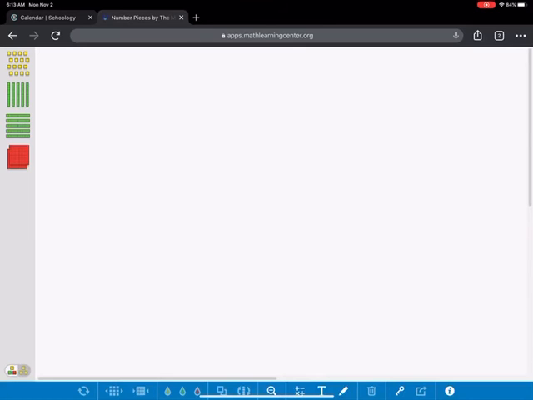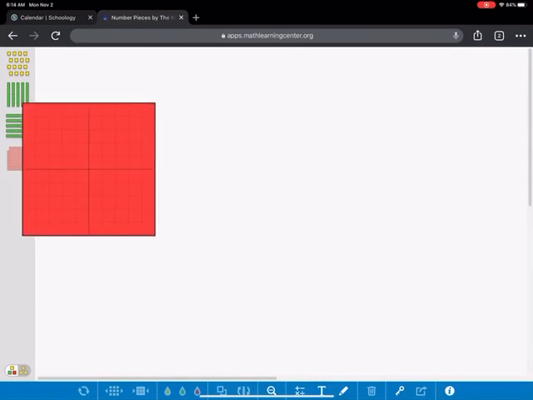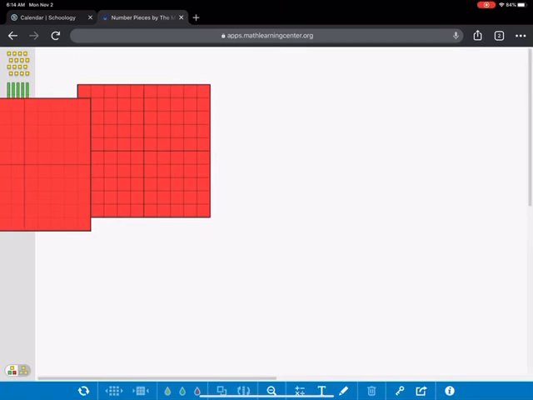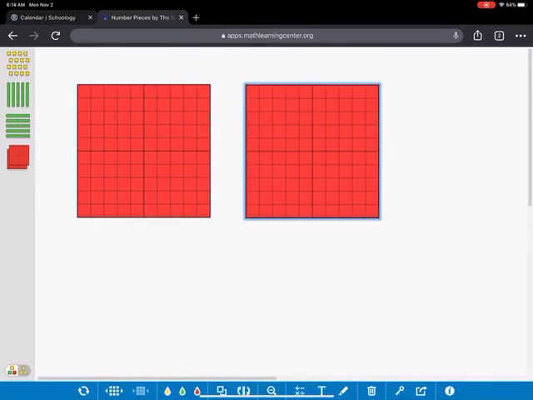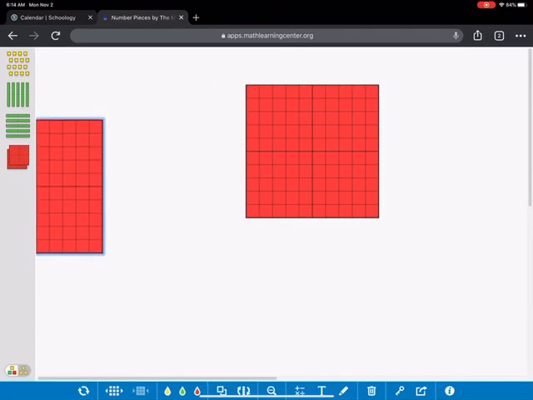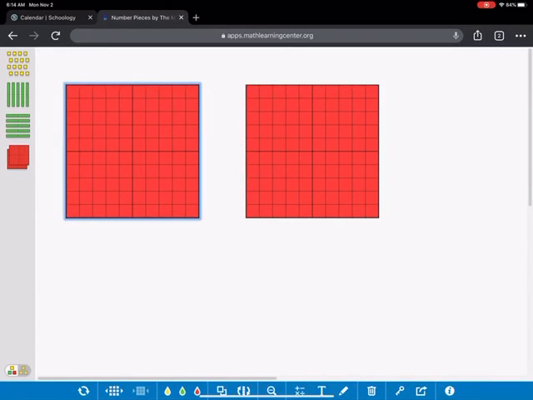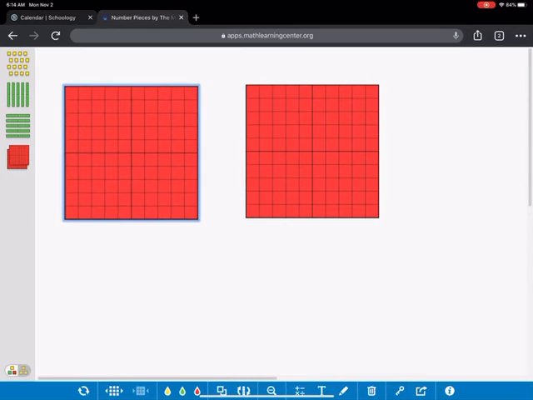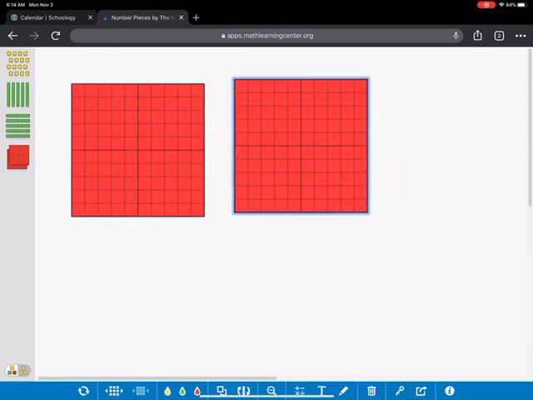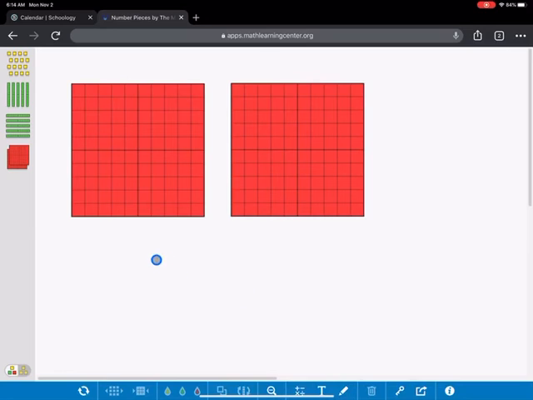Okay, so we'll start with 200. I want to know how many longs, okay, so this is a flat.